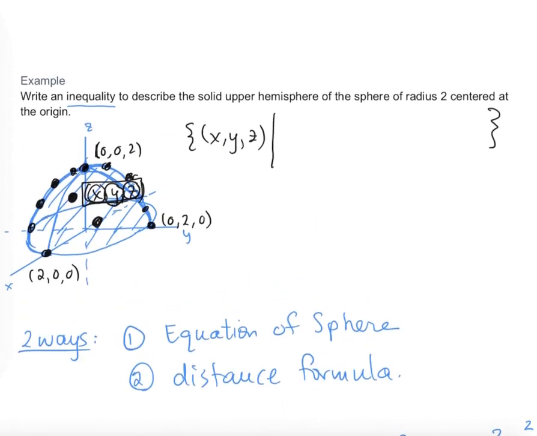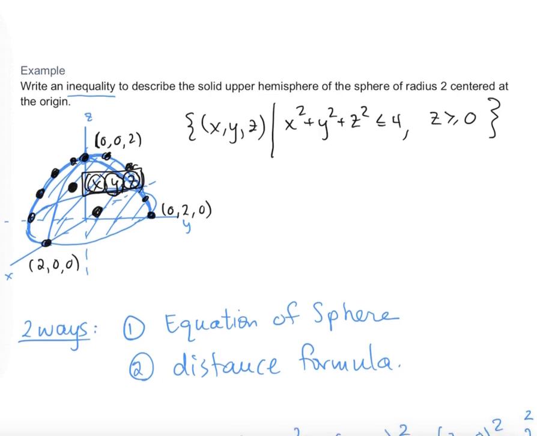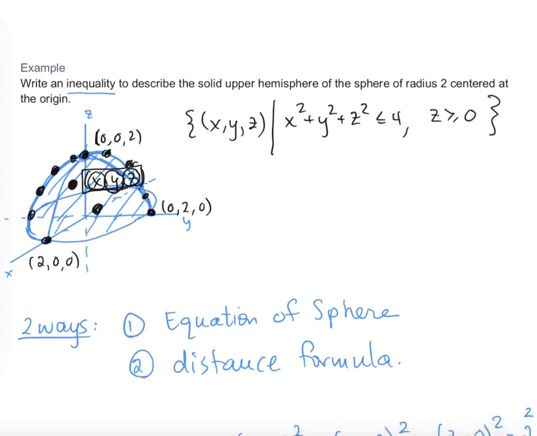So we can come up here and say the solid sphere is x squared plus y squared plus z squared less than or equal to 4. That makes it the solid one. But then we also need to impose the criteria that z has to be a positive value, and that gives me the top half. So this is the inequality that we would gain by using essentially the sphere formula and restricting the z's to be positive.